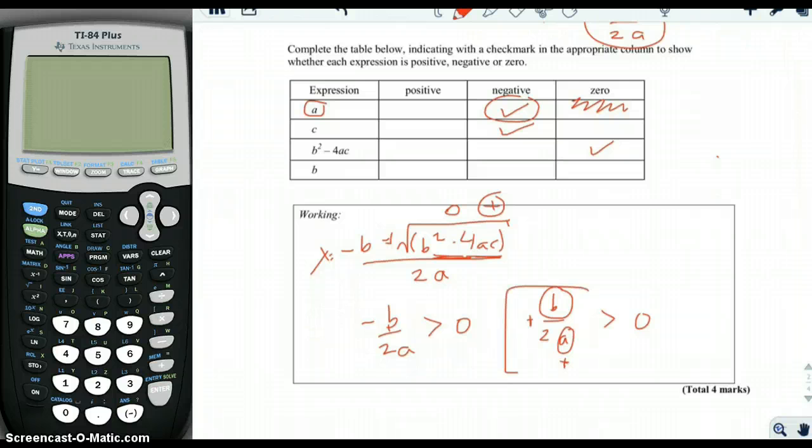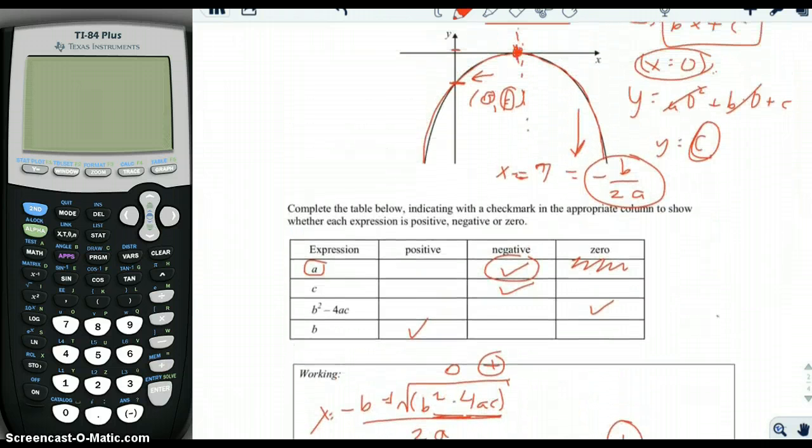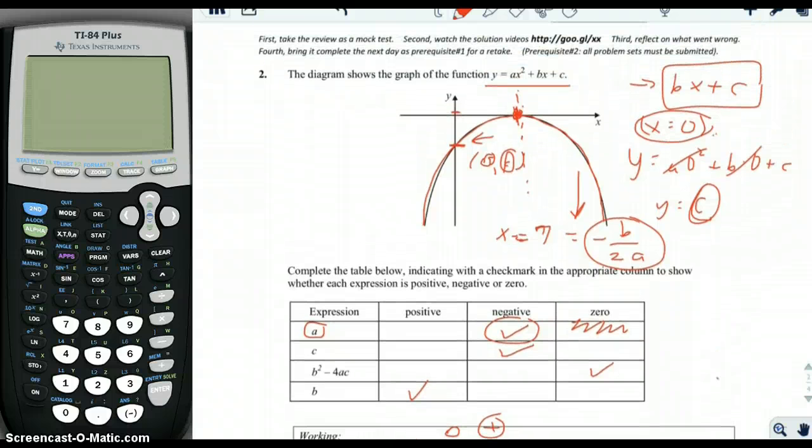For this expression to be greater than 0, b would have to be positive, right? Because the expression already starts out with a negative. A is negative. The two negatives cancel each other out, so it's positive. If b was negative, then that would ruin everything because then it wouldn't be greater than 0. So b needs to be positive also. Okay? So b needs to be positive. So when b is positive, a is negative, and negative b over 2a is positive. So then that's why the axis of symmetry is a positive number.